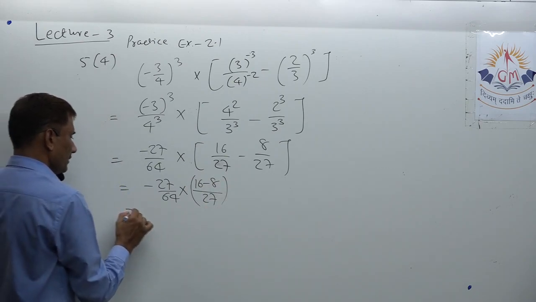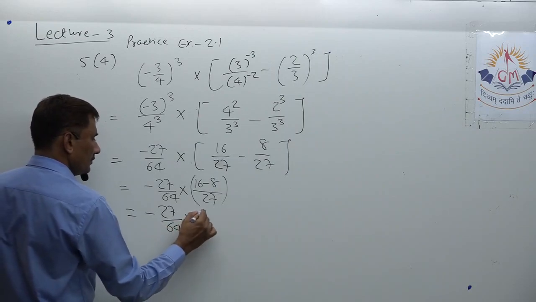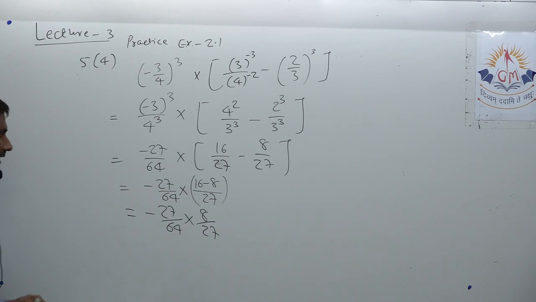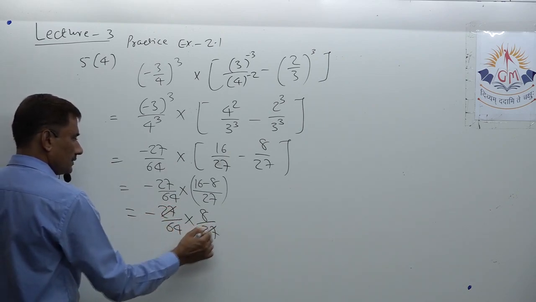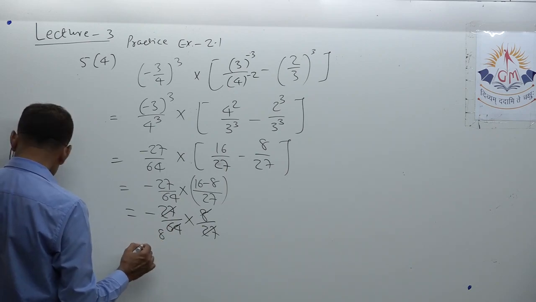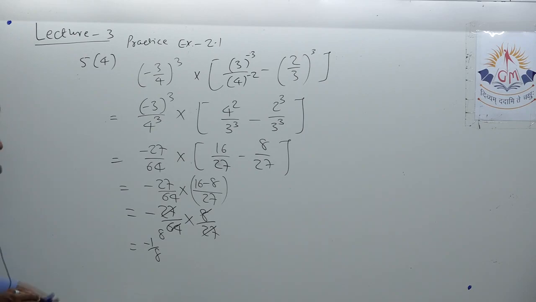Okay, so it will be minus 27 upon 64 into 8 upon 27. So 27 cancels out, 8 8s are 64. So whatever is left, minus 1 by 8. Okay, so that is our final answer.